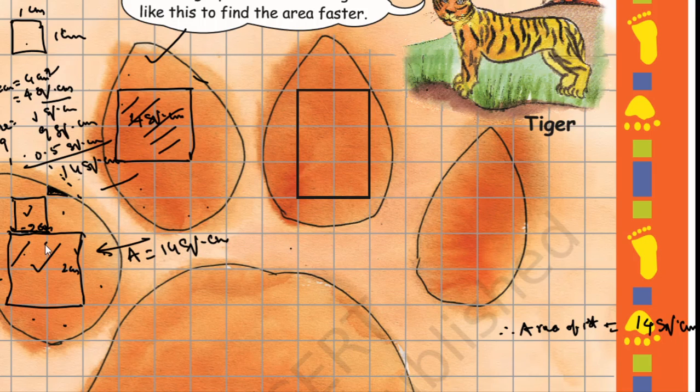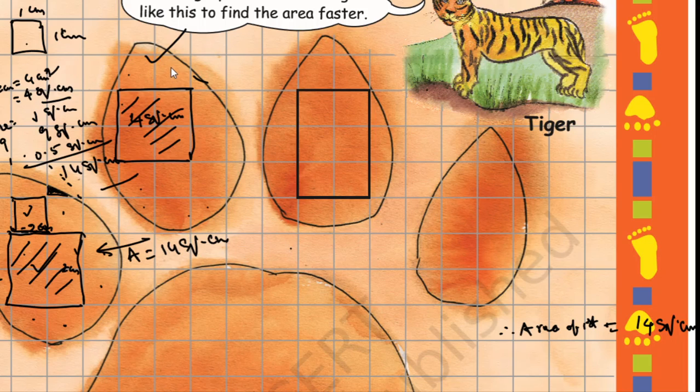Did you understand? So like that, just like the previous one. Now count the greater than halves. This is more than half. 1, 2, 3, 4, 5, 6, isn't it?